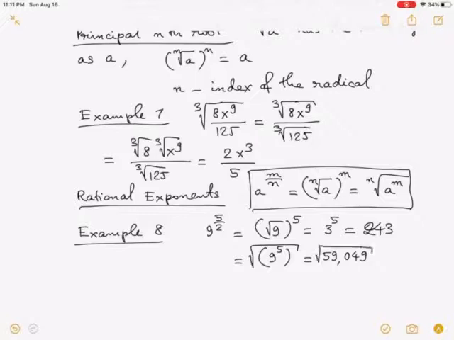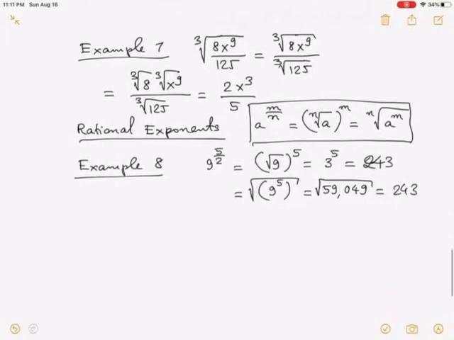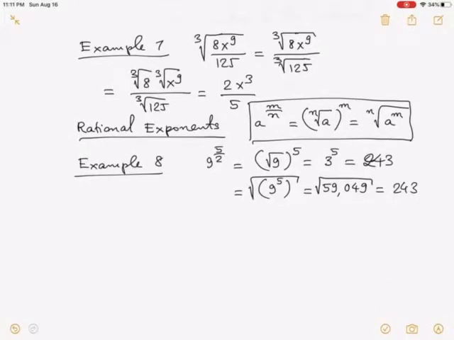So 9 to the power 5, it is 59,049, and take the square root, it is also 243. Okay.